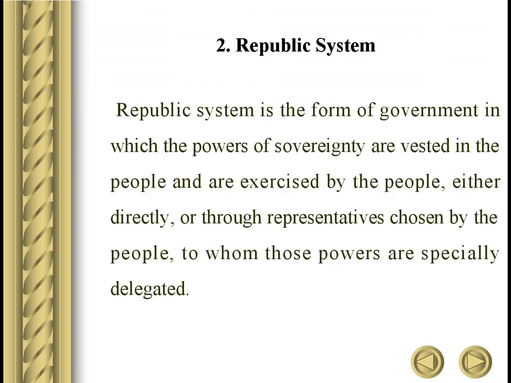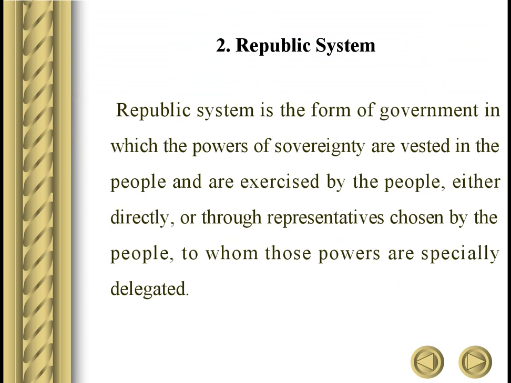Now let's move to the republic system. Republic system is the form of government in which all powers of sovereignty are vested in the people and are exercised by the people, either directly or through representatives chosen by the people, to whom those powers are specially delegated.